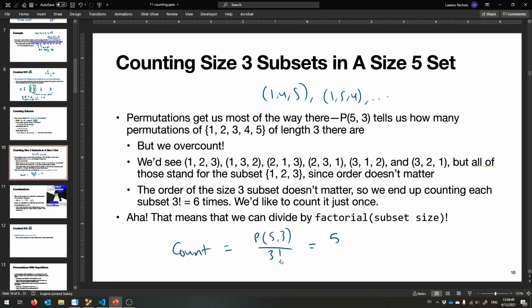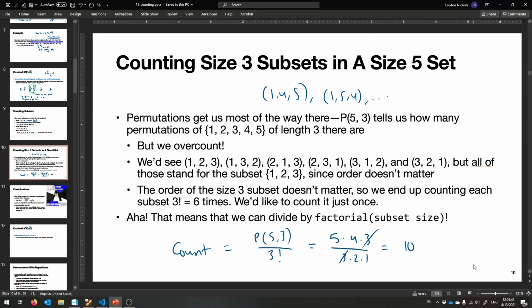How many ways are there out of 5 things to choose 3 of them in any order? 5 times 4 times 3, over 3 factorial, 3 times 2 times 1. So it's 60 over 6, which is 10. Isn't that nice? That is the answer. There are 10 different subsets of that size.